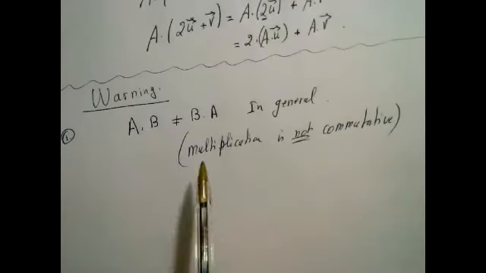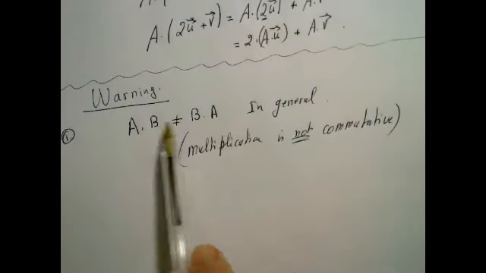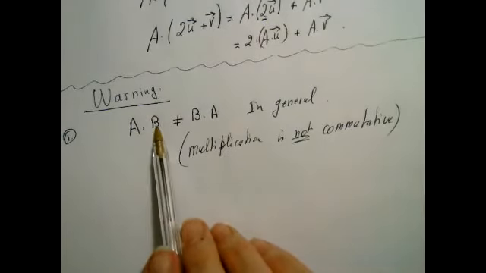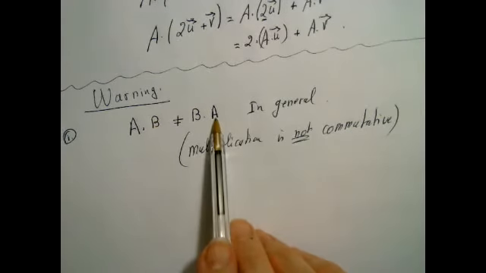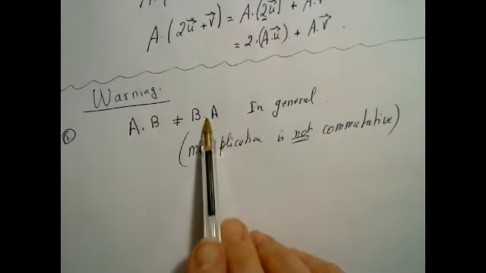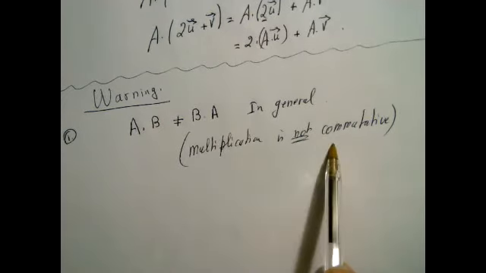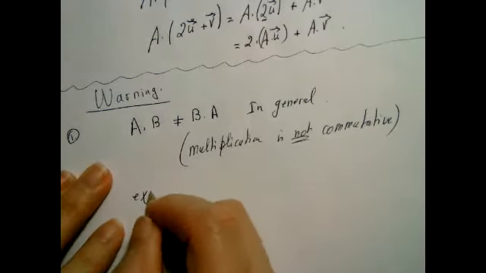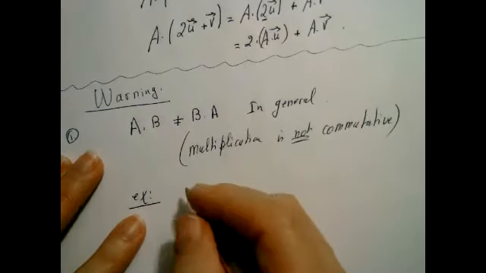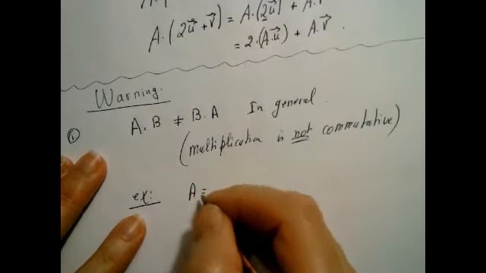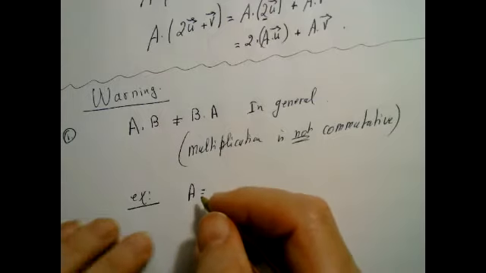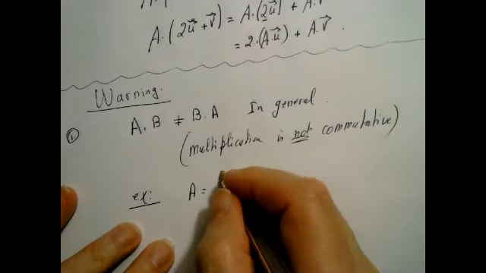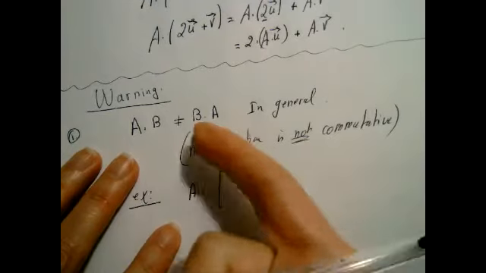Now, the example I gave you so far was one where one product is defined and the other one is not. But even if both make sense, multiplication is still not necessarily commutative. We cannot switch the order of the multiplication when we work with matrices. For example, almost if you choose any matrices at random, this will fail.